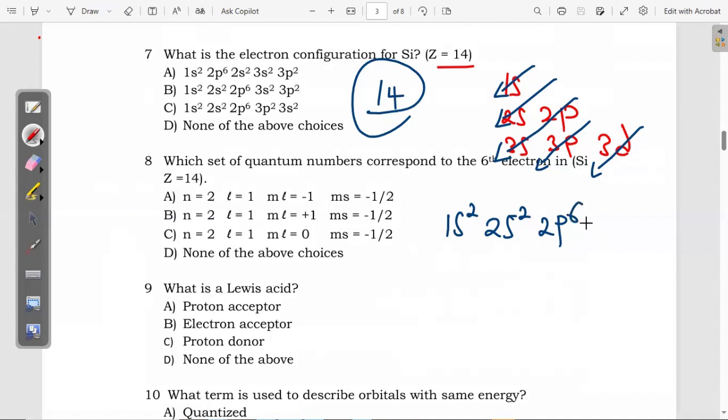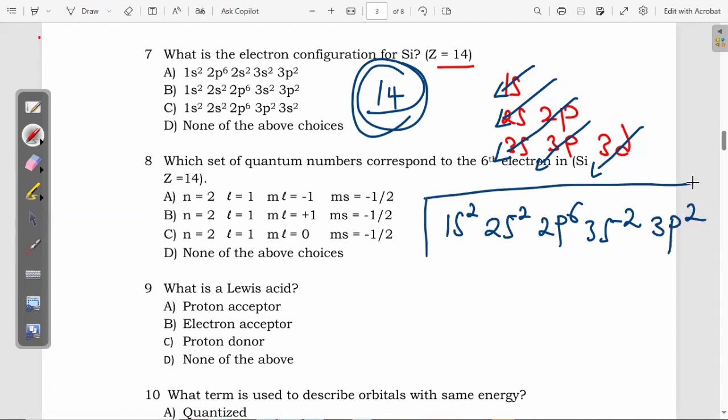And then from there, I go to the 3s. Since this is s, it can only hold 2. Now you can count. This is 4, and then plus 6, 10, and then this one, 12. So I'm only remaining with 2 from this 14 here. These two will come in here, the 3p. So I write 3p here, then I write 2.